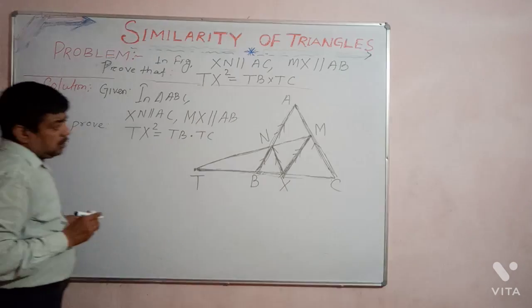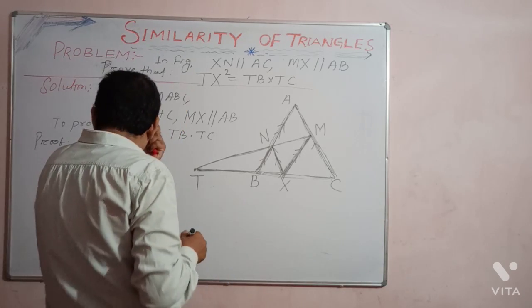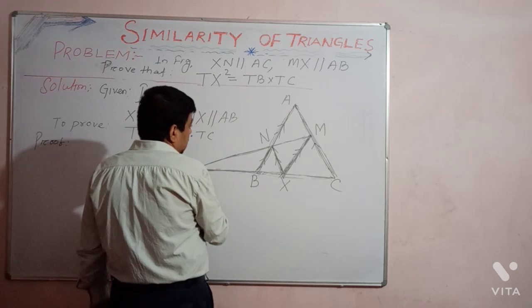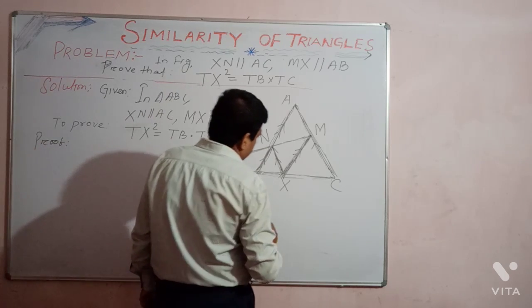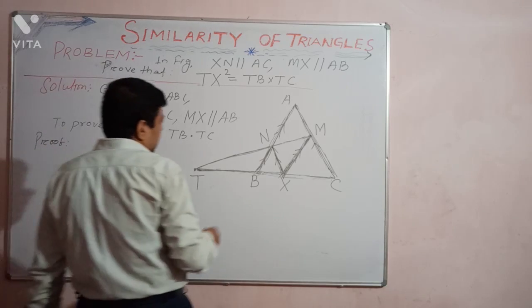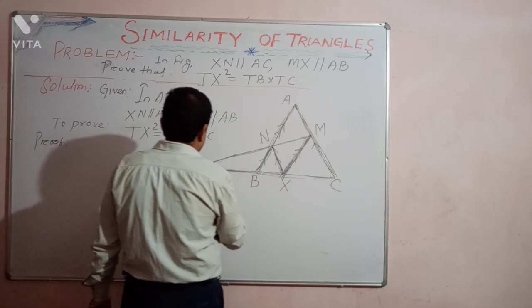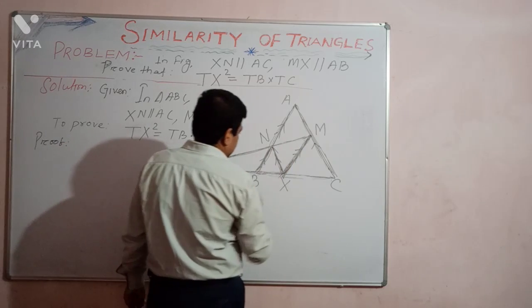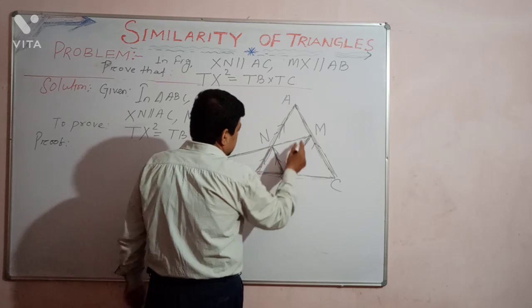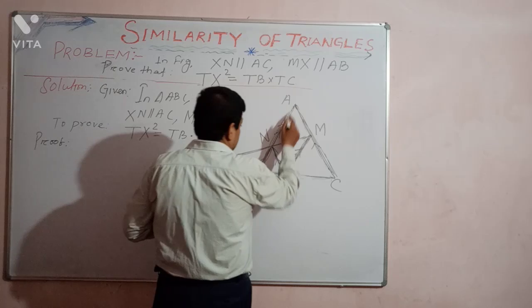Look at the triangle TXM. You see AB is parallel to MX, it means MX is also parallel to BN, because BN is a part of AB.